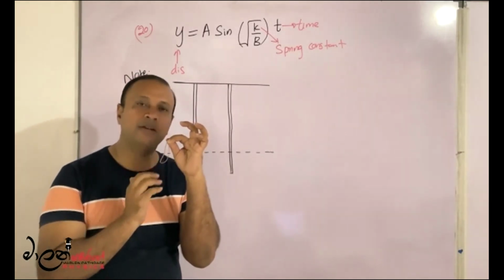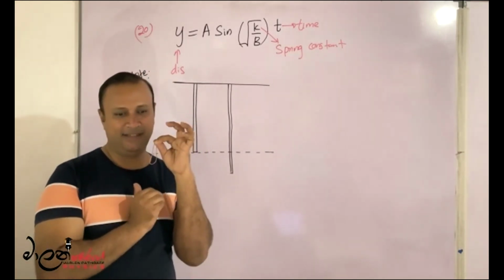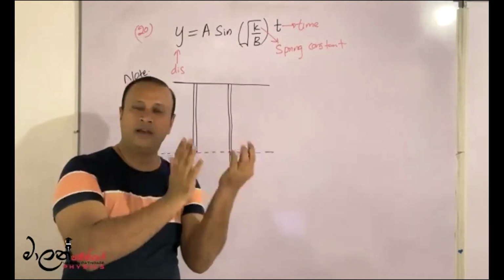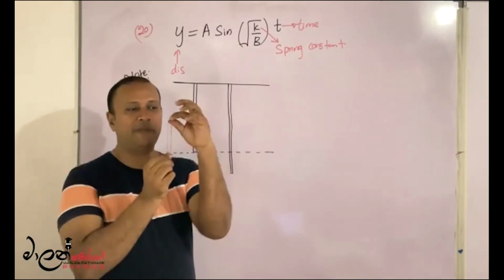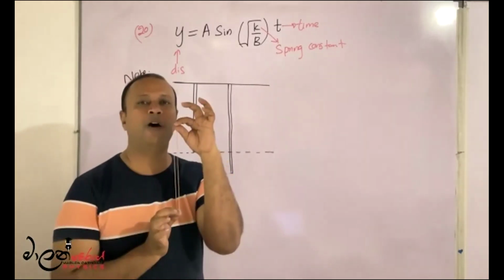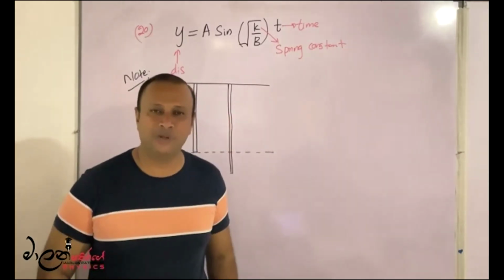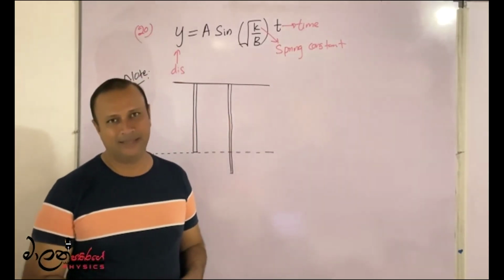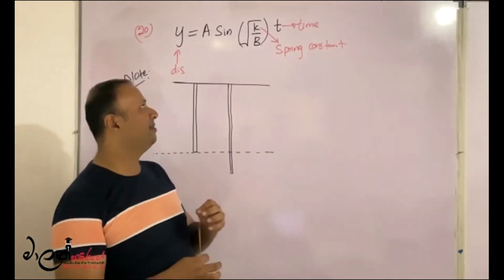The object will return to its original shape and size. Once I apply a force, the object will be deformed, and once I release it, it comes back to the original shape and size. That property is called elasticity.